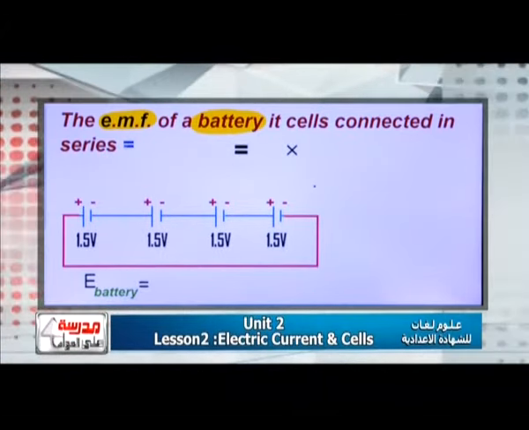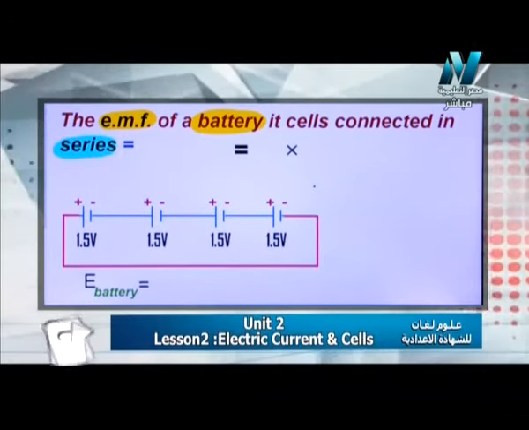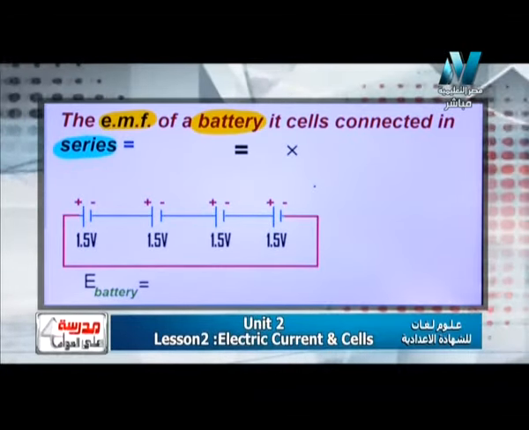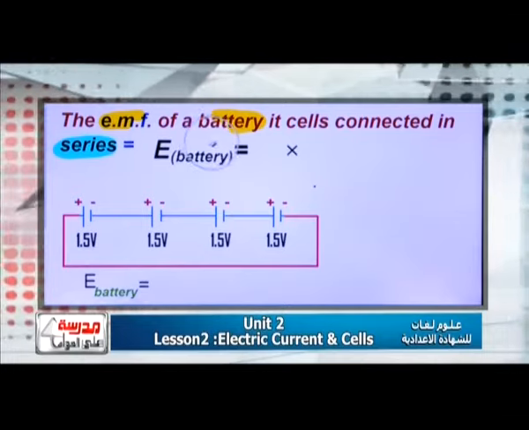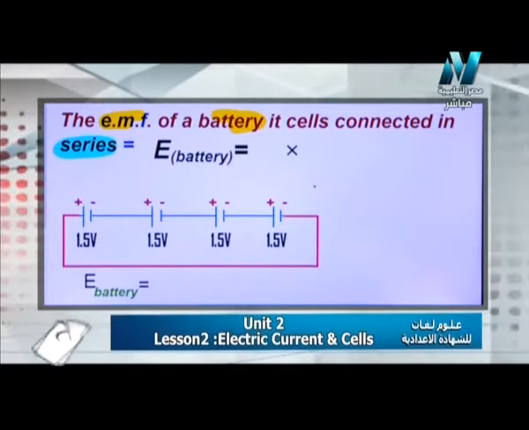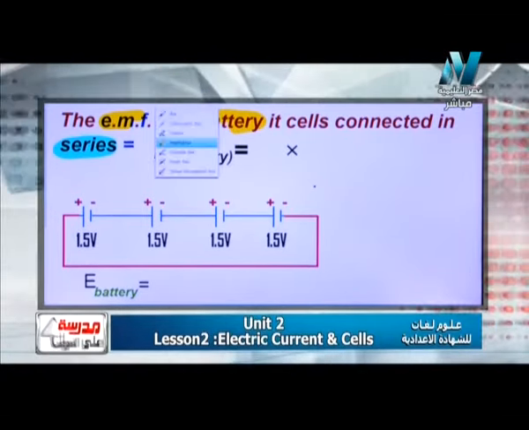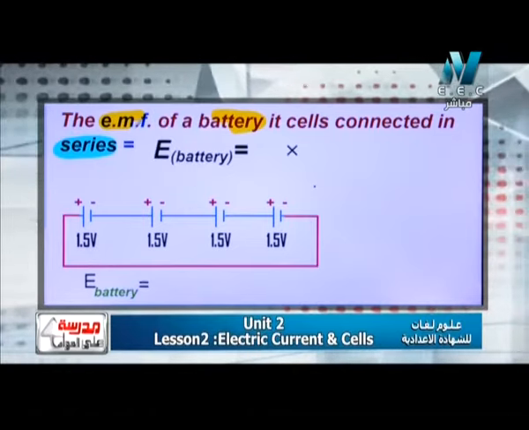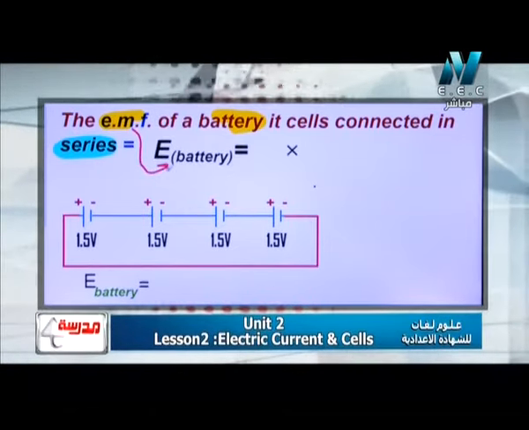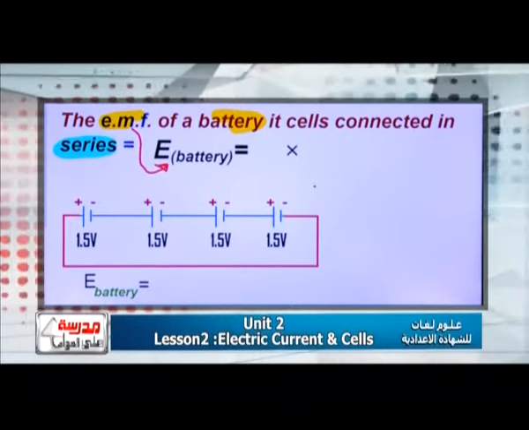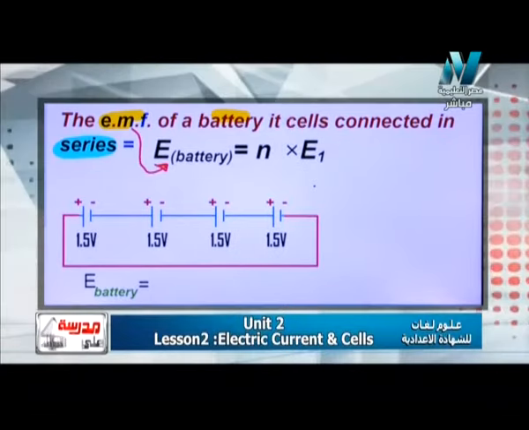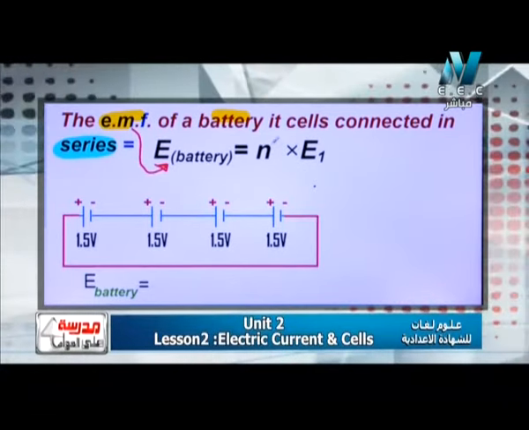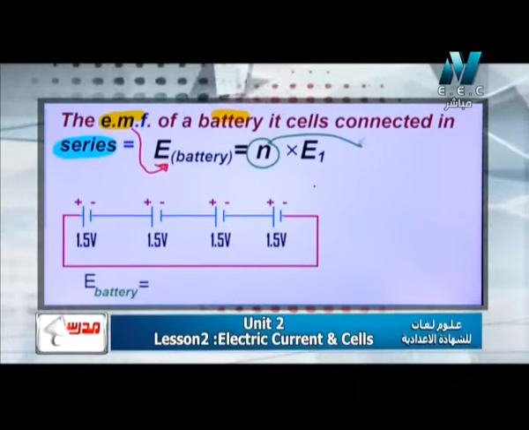For example, E of the battery equals E1 times N, where N means the number of cells.